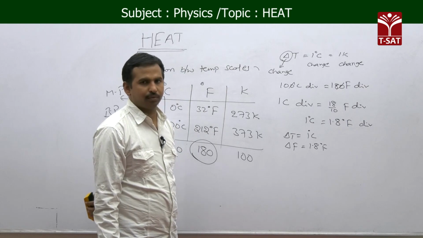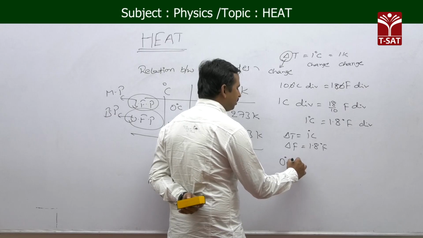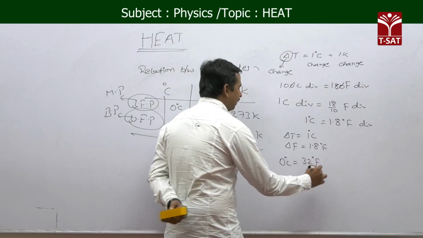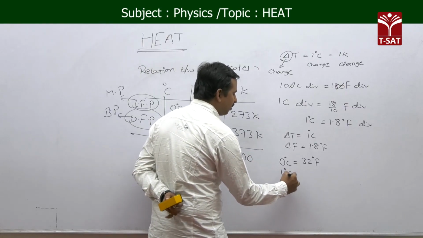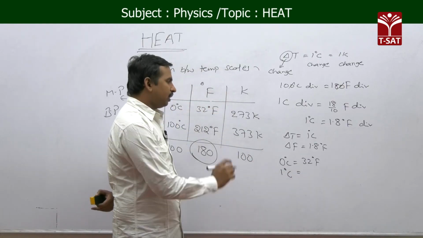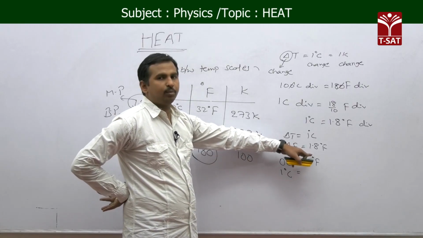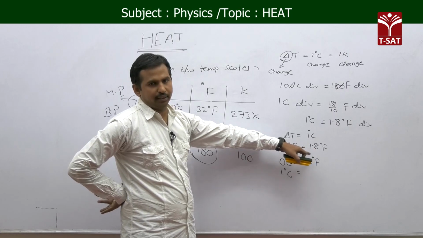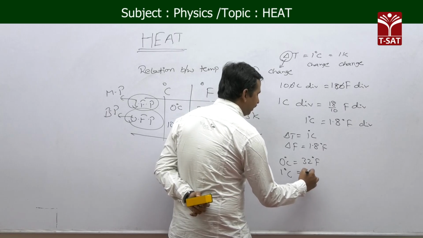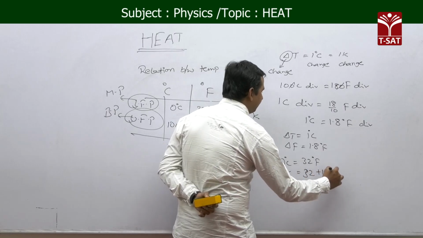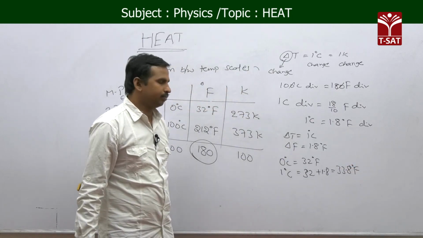For example, 0 degree Celsius is equal to 32 degree Fahrenheit, so raising by 1 degree Celsius, the increment is 1.8 degree Fahrenheit, which means 32 plus 1.8 becomes 33.8 degree Fahrenheit.